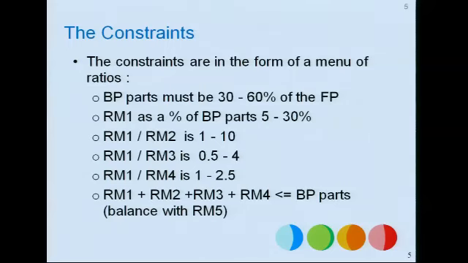This first raw material then makes up a certain number of parts of my base powder, and I then have these ratios of my raw material 1 to 3 of the other raw materials there. And the last but not least constraint is that the sum of these 4 raw materials has to be less than or equal to the total number of the base powder parts. So I have got this 5th factor that I can as such balance with.